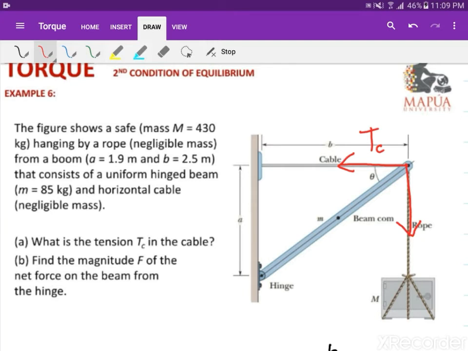Let's call that W sub M. We have the weight due to the center of mass. And we have the force on the hinge. Let's call that F.